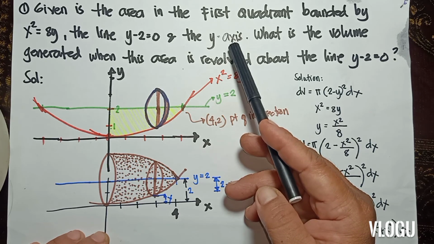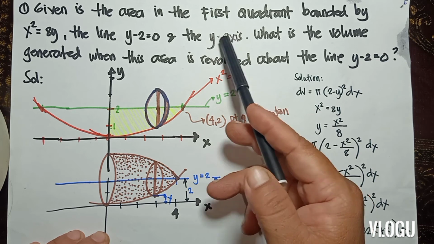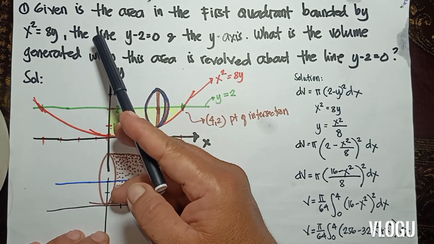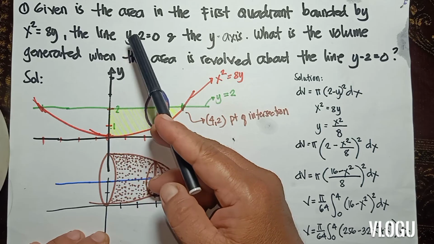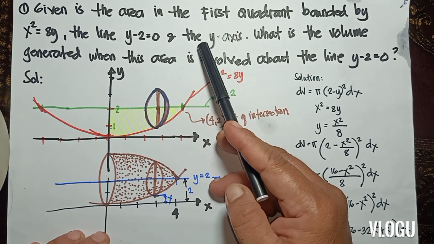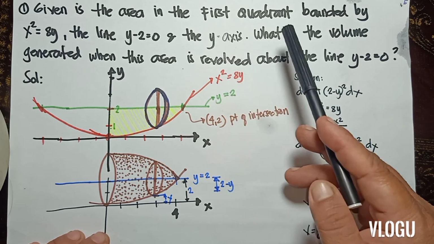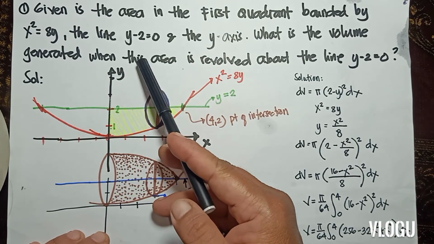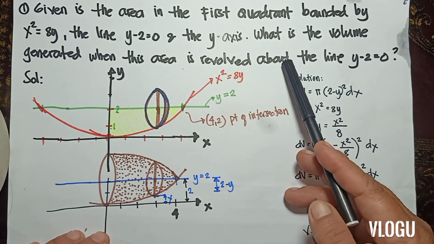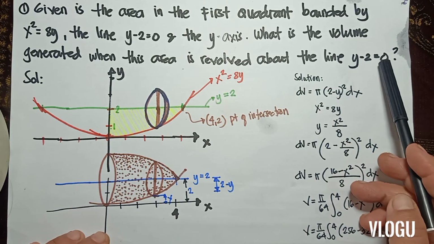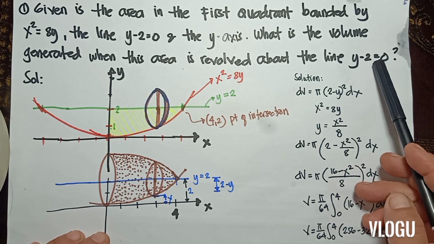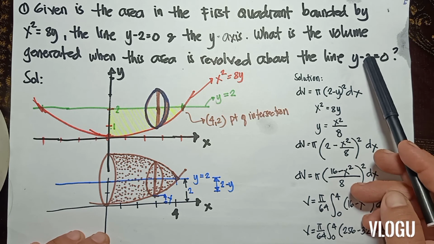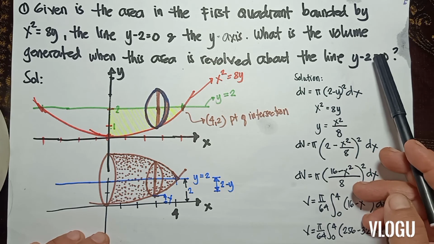The boundaries are the curve x squared is equal to 8y, the line y minus 2, and the y-axis. The question here: what is the volume generated when this area is revolved about the line y minus 2 is equal to 0? So we are going to revolve about the line y minus 2. Okay.